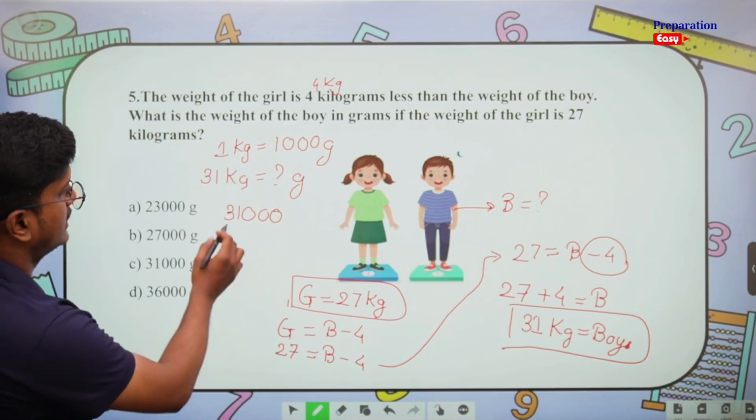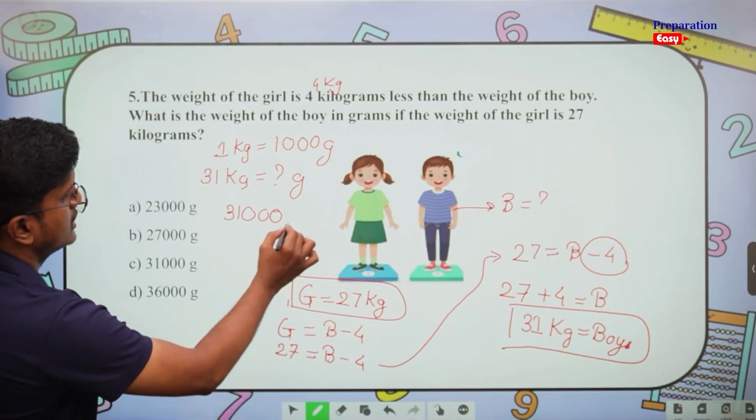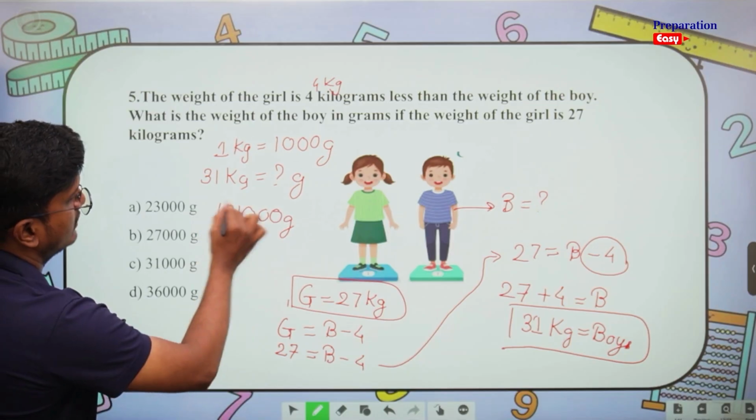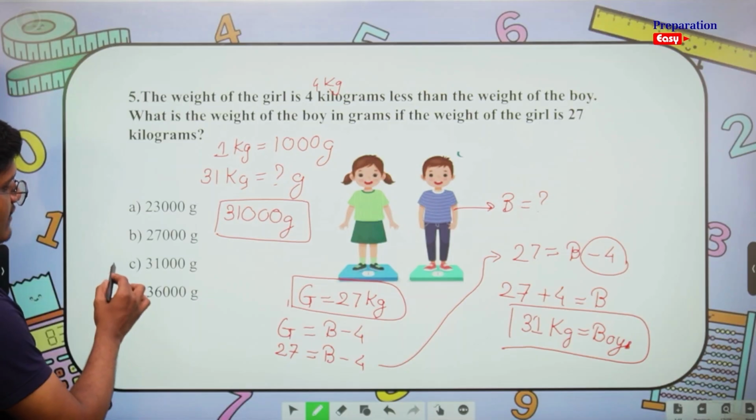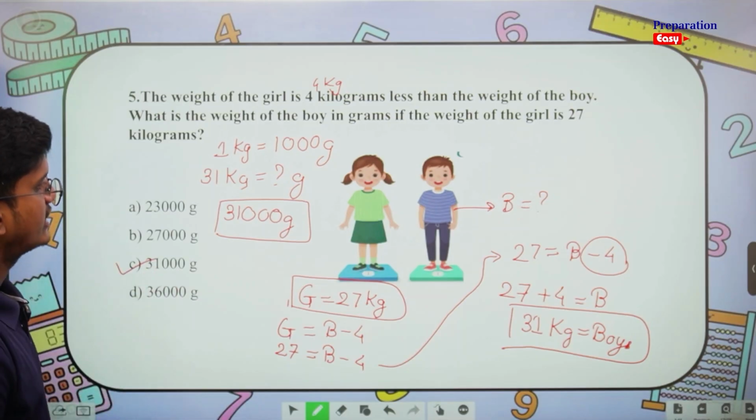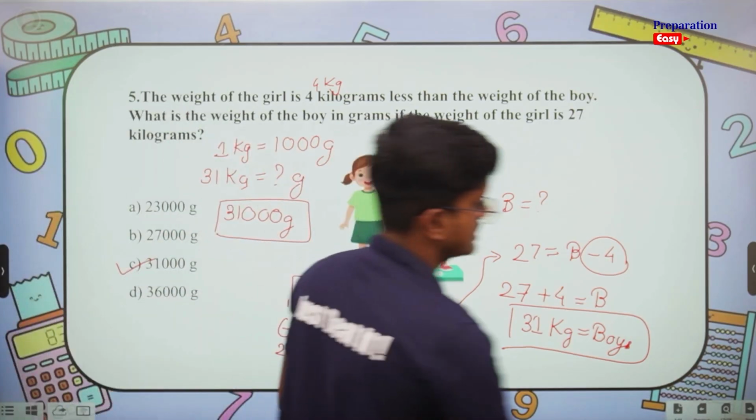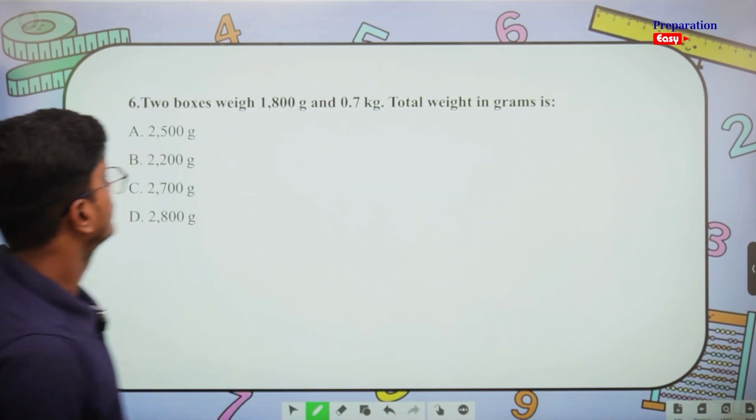Not add in the sense of addition, but just combine this 31 and 3 zeros together. So whatever answer we will get, it will be 31,000 grams. Do we have 31,000? Yes, we do. So this is our answer.